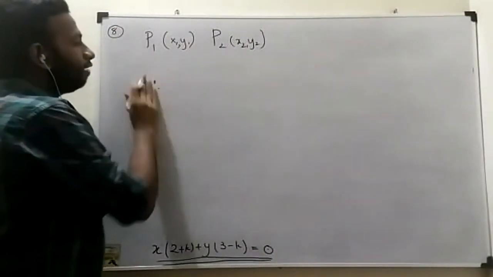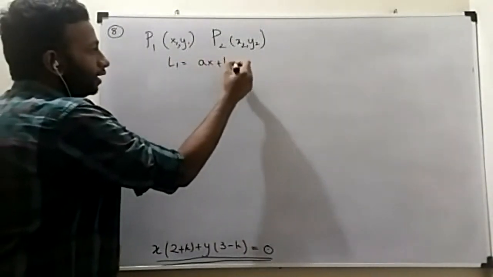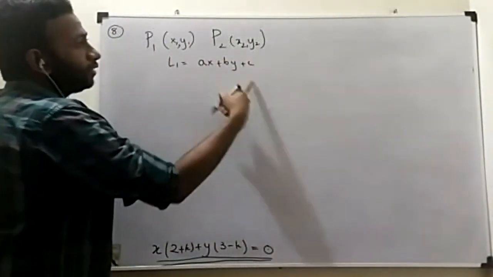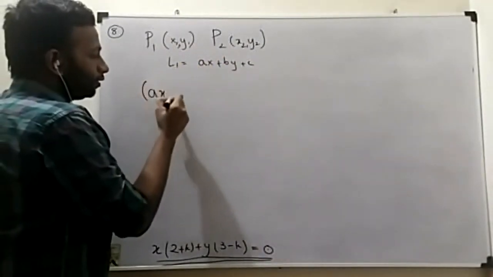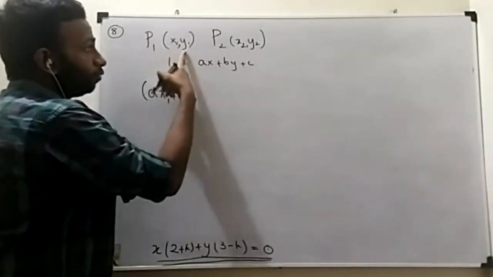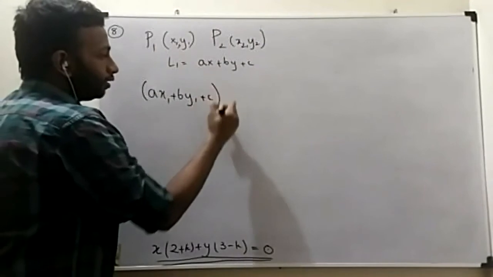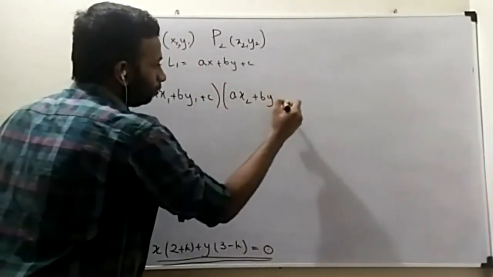If you have a line, say L1 equals ax plus by plus c, you substitute x1, y1 and multiply them in this form: ax1 plus by1 plus c, into ax2 plus by2 plus c.